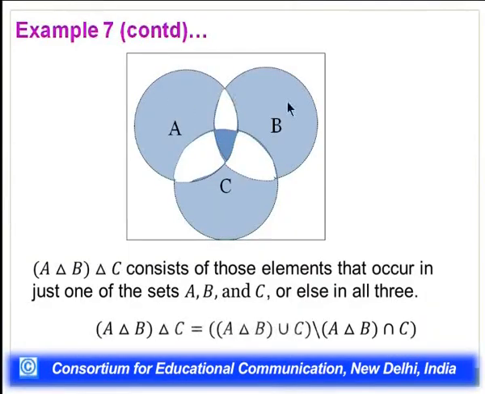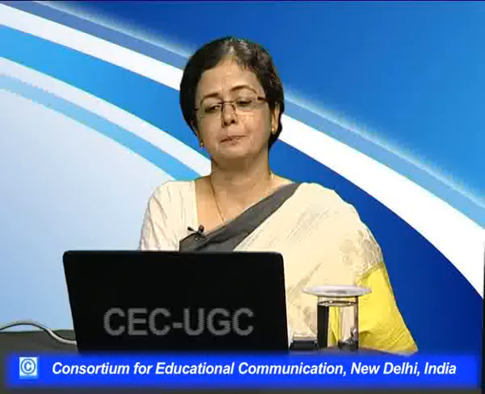So just A would be this blue region here, where my cursor is pointing. Just B would be this region, and just C would be this bottom region of C. And the region consisting of all three sets would be this middle region of overlap. And this then corresponds to the symmetric difference between three sets.